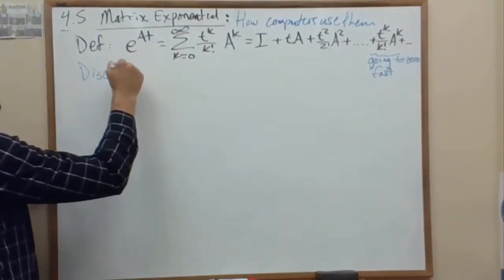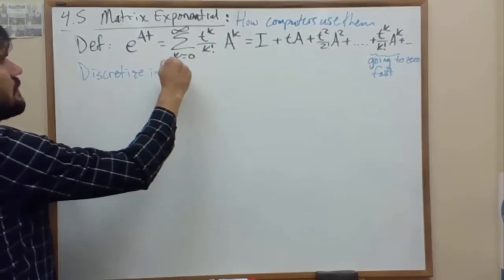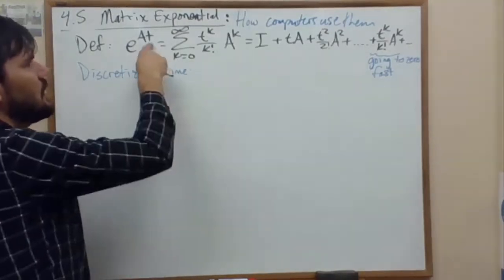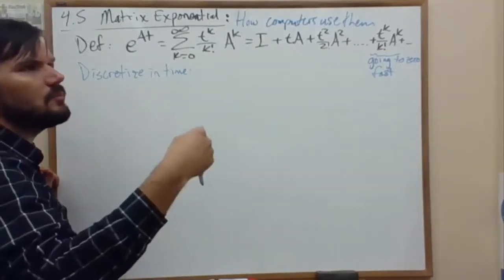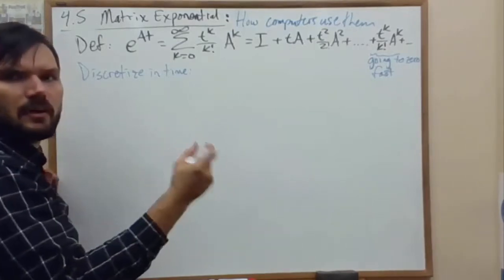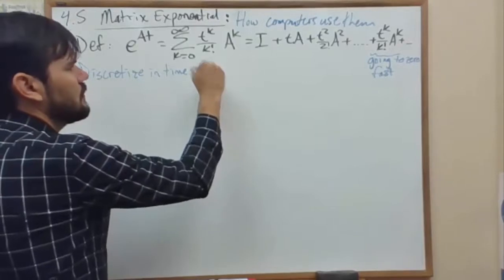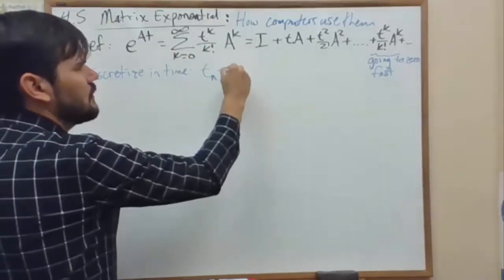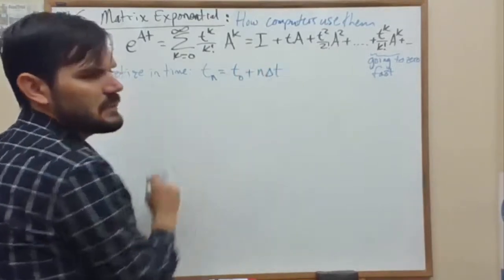If we discretize in time, instead of thinking of all possible values for time, we choose all discrete values of time that are a certain width apart, a certain time step apart. Delta t apart.